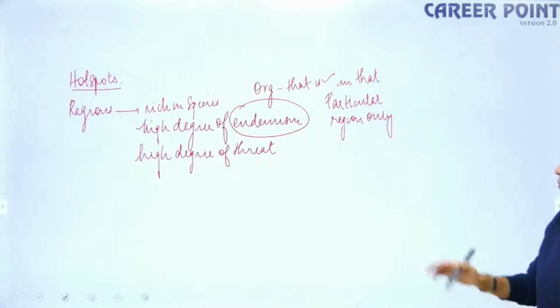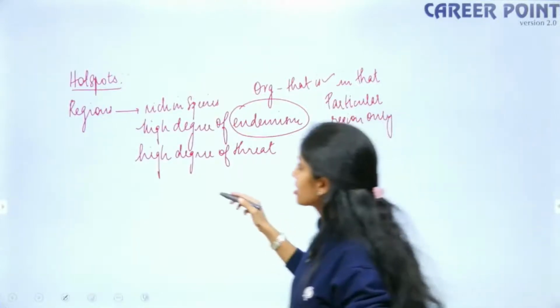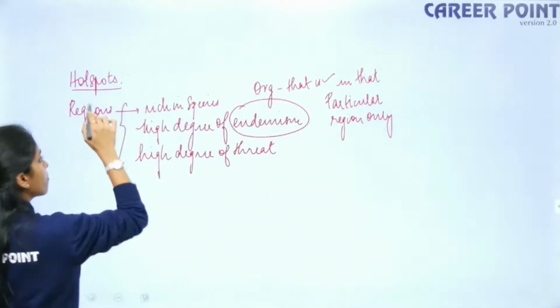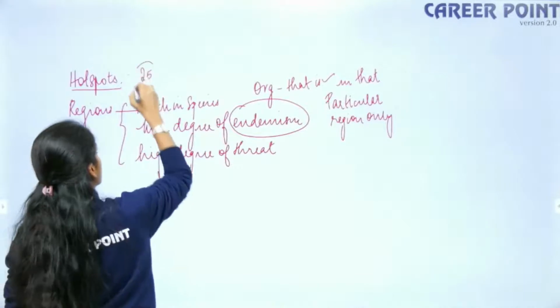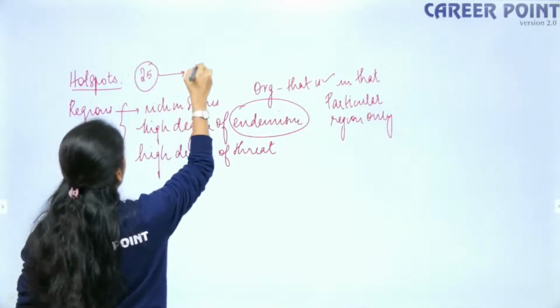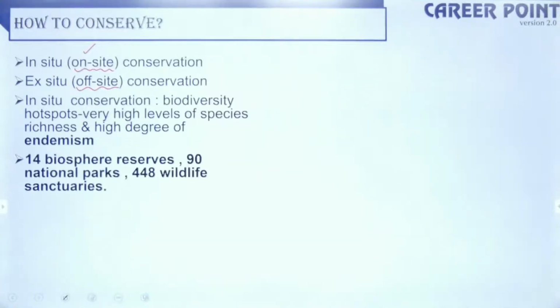That is endemism, and a high degree of threat. So this criteria satisfies for being a hotspot. India initially had 25 hotspots and later we came to have 34 hotspots. All right. So in situ conservation, the first one is your hotspots.